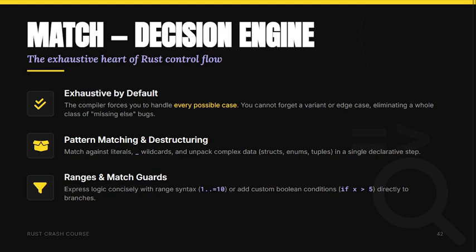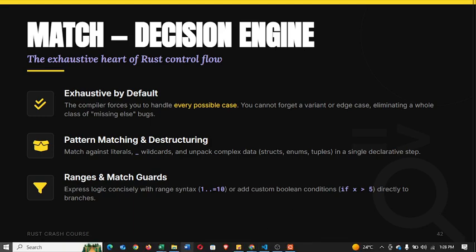You can use range syntax like 1..10 or 1..=10 to match a span of values. You can also add a guard, an extra boolean condition to a branch with if. So we're going to see it in action. Let's get to it.